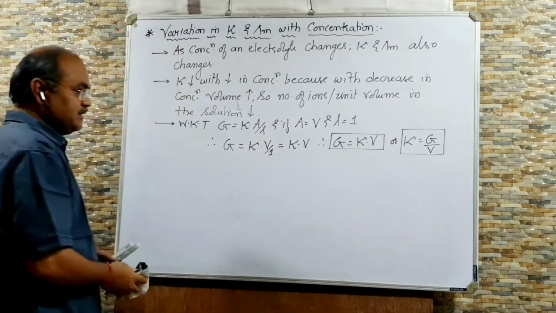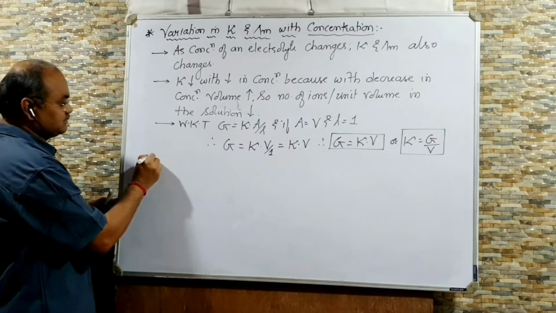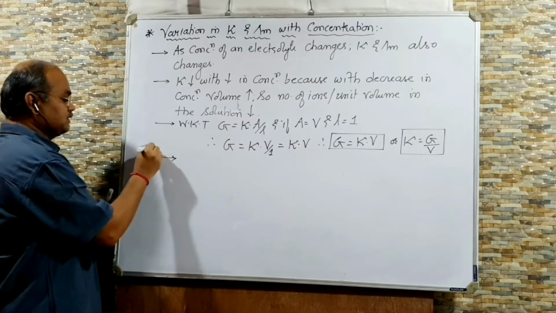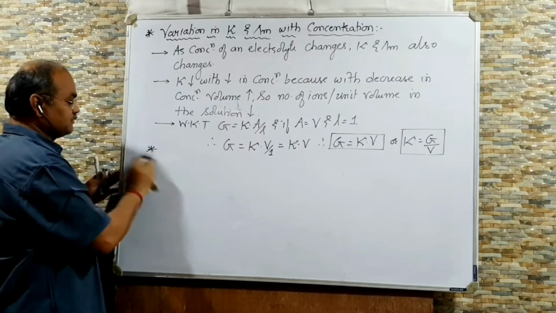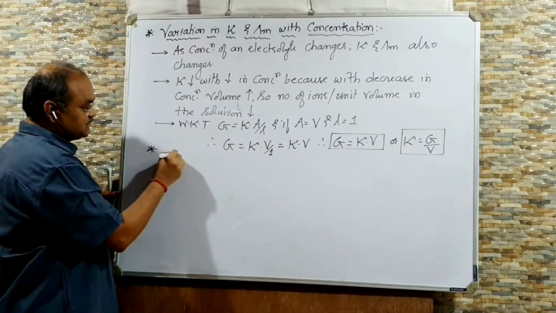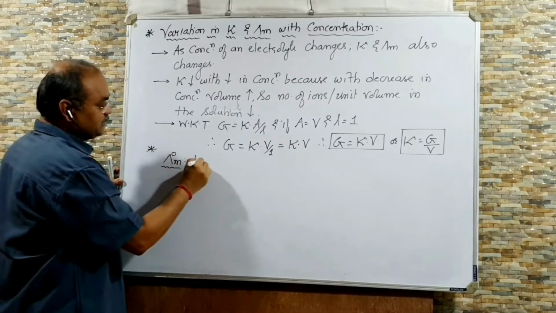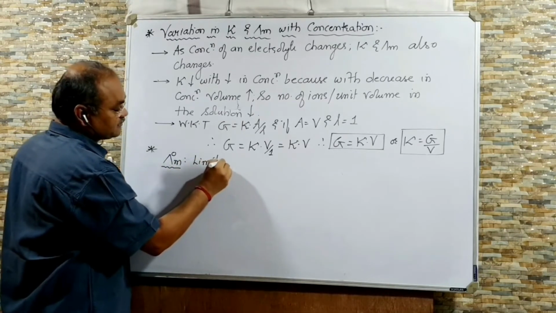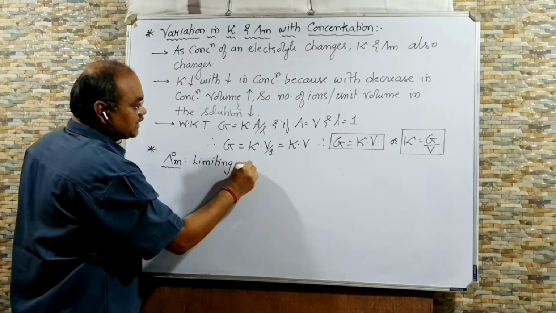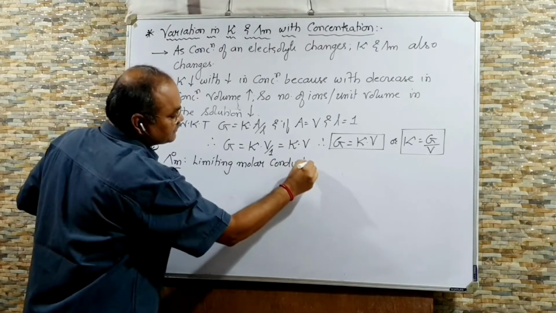Now, the next point is limiting molar conductivity. What is limiting molar conductivity? First that we will discuss. It's a new topic. Lambda 0 m. The name is limiting molar conductivity.